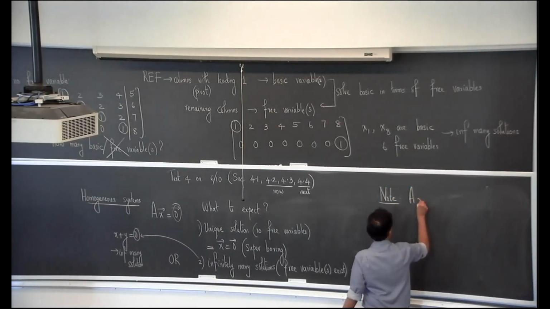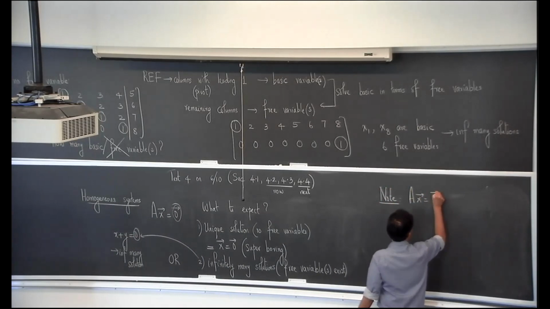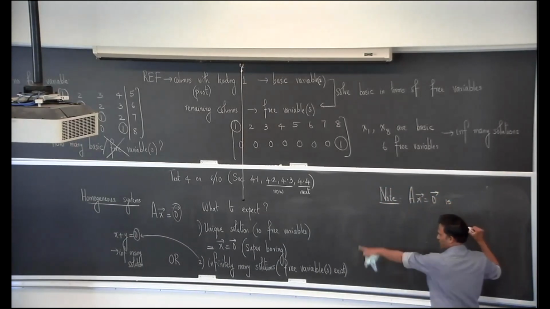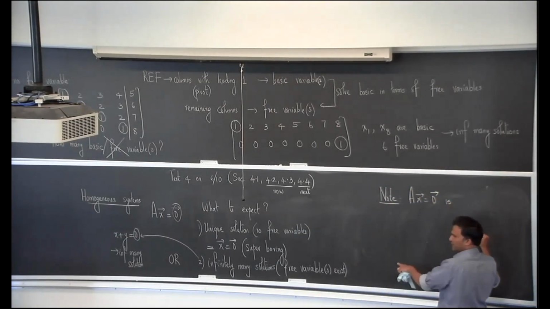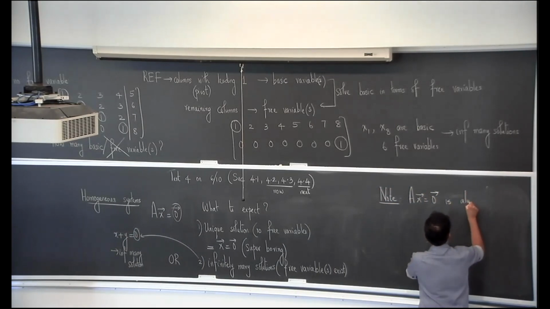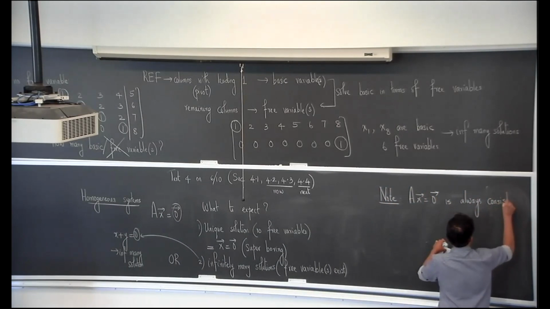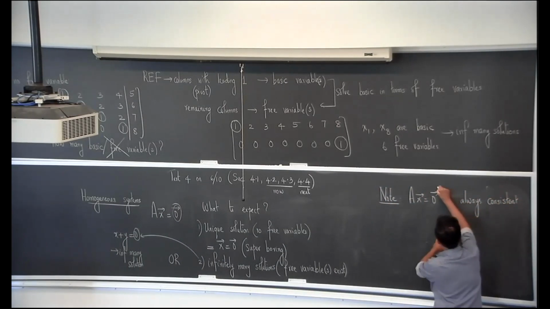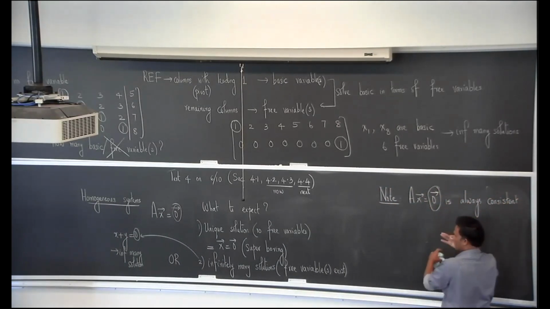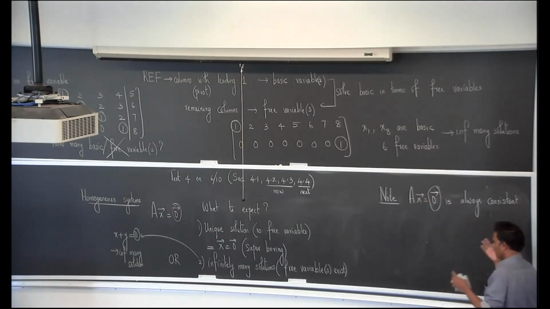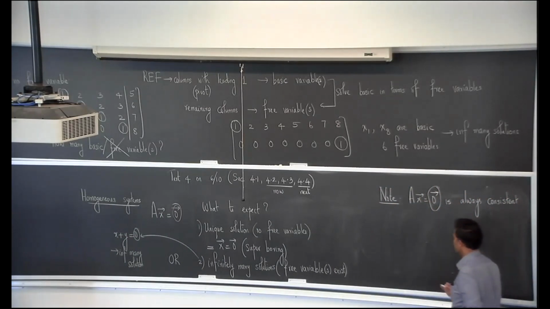Write it clearly. x equal to 0 is always consistent. It's a question of these two: whether it's unique or infinitely many. It's always consistent because the right-hand side is just a bunch of zeros. That 0 is not going to become a non-zero number by just adding or multiplying things.